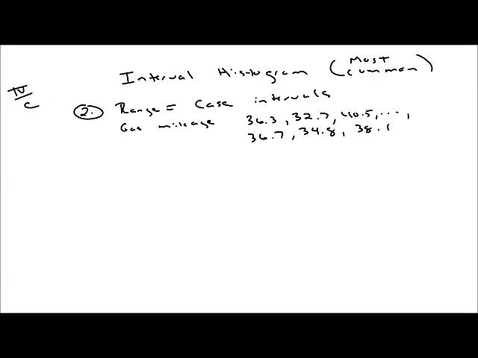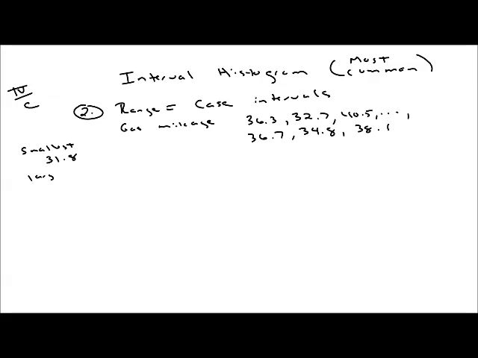Now, notice we have all these decimals. I mean, we could round it and maybe do an exact value histogram, but it's probably better that we use a range. Okay. So we want to look at the smallest. The smallest is 31.8.